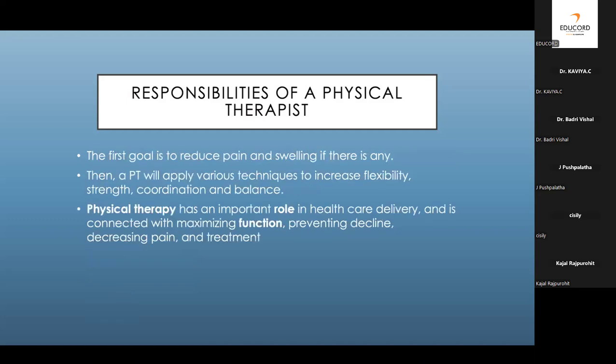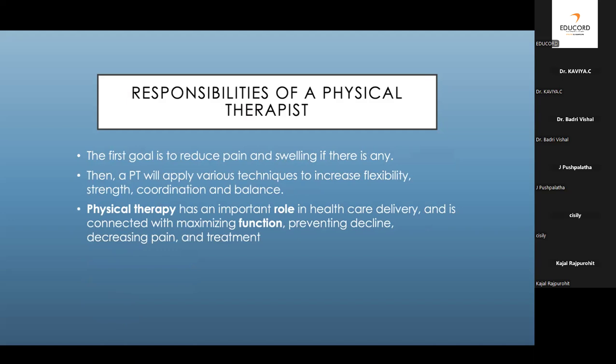Now, the first goal for us as physical therapists, whenever any patient comes to us, is to reduce the pain and the swelling. It is applicable to each and every patient.